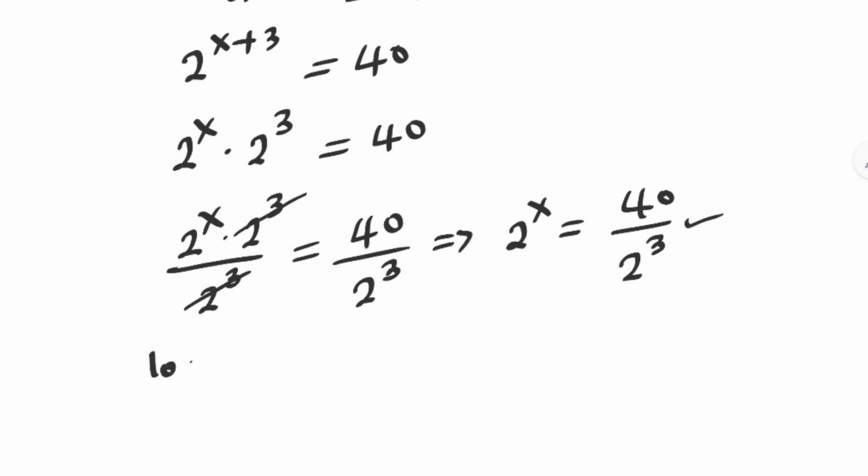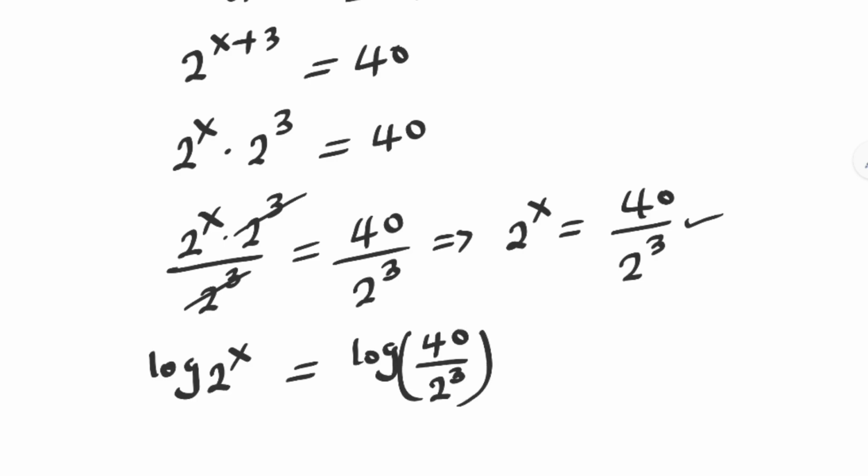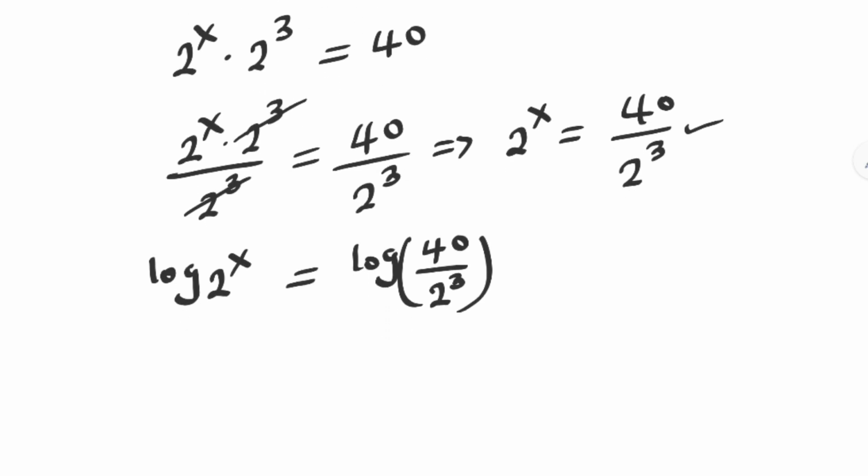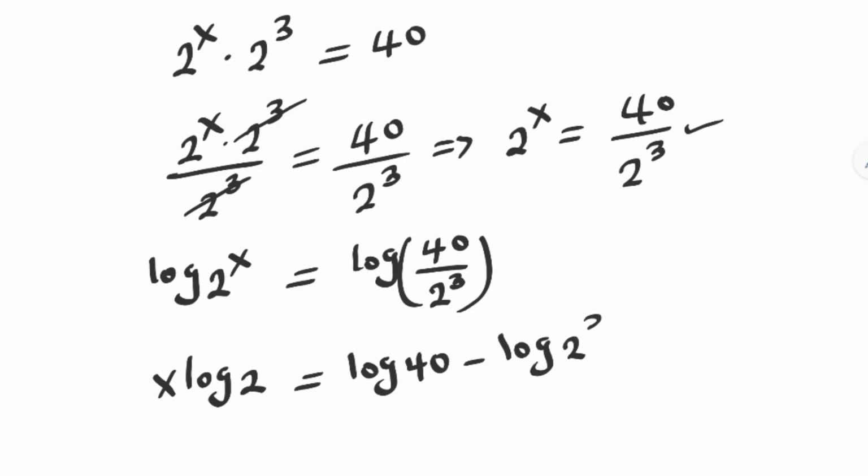We have log 2 raised to power x is equal to log 40 over 2 raised to power 3. Then this is x log 2 is equal to log 40 over 2 raised to power 3, which can be written as log 40 minus log 2 raised to power 3.